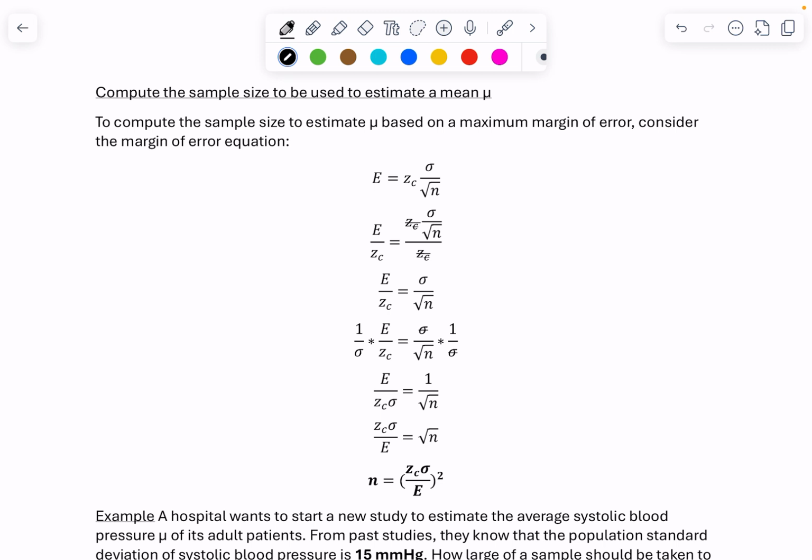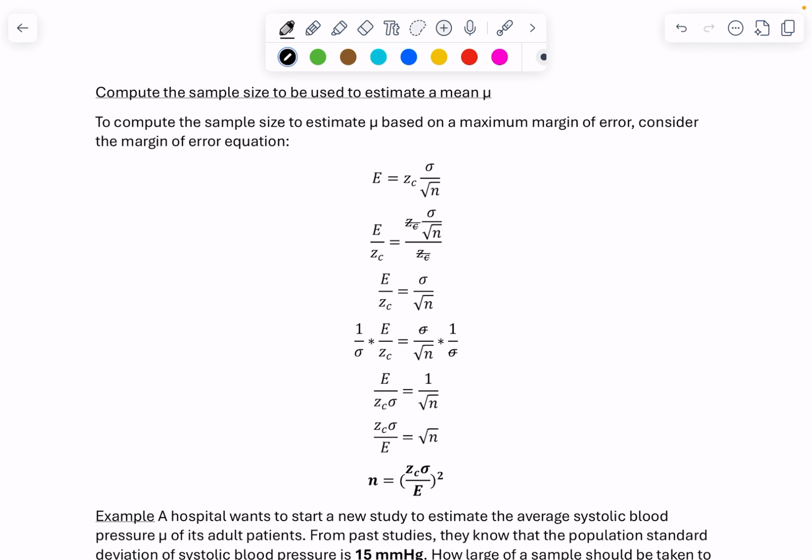Okay, the derivation here is outside of the scope of the course, but it's nice to see how this equation that we see on our formula book came to be. Basically, we're using the maximum margin of error equation that we worked with in the previous example and the previous videos. And we basically manipulate it to solve for our sample size, okay?